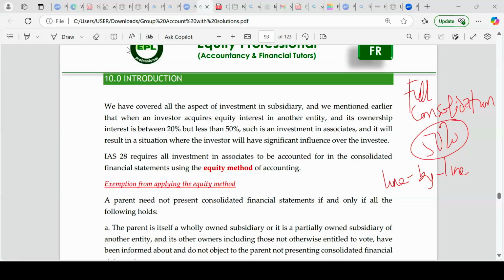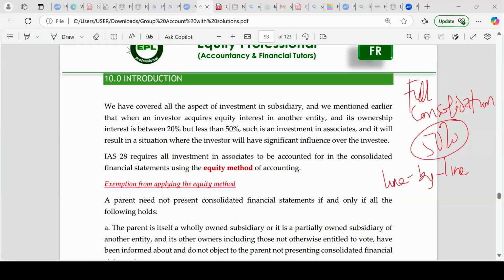We went further to say if there is any transfer of goods, inventory, on which the selling party put a profit loading, and such inventory still remains in the book of the buying party, whether the parent sold to the subsidiary or the subsidiary sold to the parent, we are going to eliminate the unrealized profit. That is another transaction that can occur between the both of them.